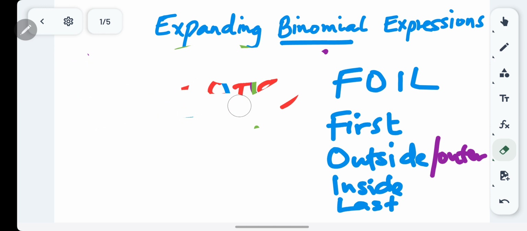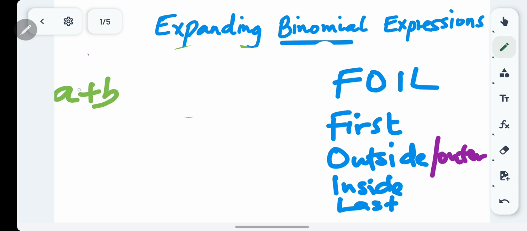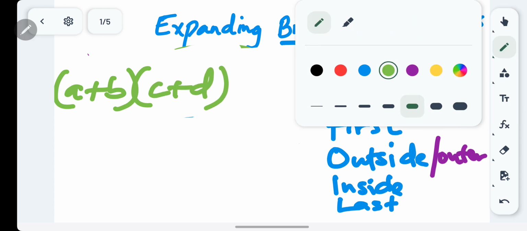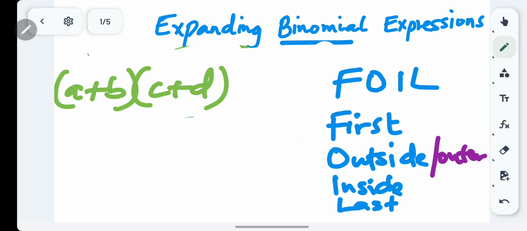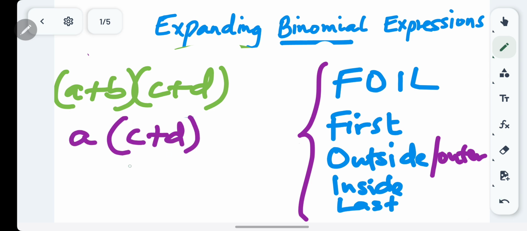We have the same question, A plus B multiplying C plus D. Now, the general rule you can use apart from the FOIL method: since the first bracket is multiplying the second bracket, you can take the first number. So A will multiply everything in the second bracket. This A is multiplying everything here, C and D.